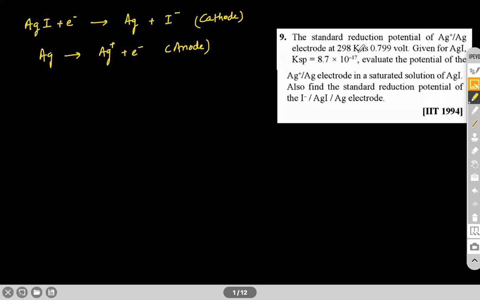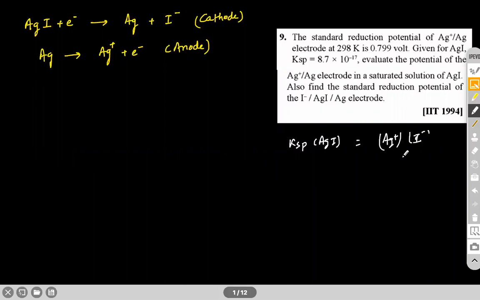Since KSP of AgI is given, we can find out the Ag+ concentration. KSP is the concentration of Ag+ into the concentration of I minus. So concentration of Ag+ squared is equal to, because both will be equal, AgI dissociates as Ag+ plus I minus, so the concentration of both will be equal, right?